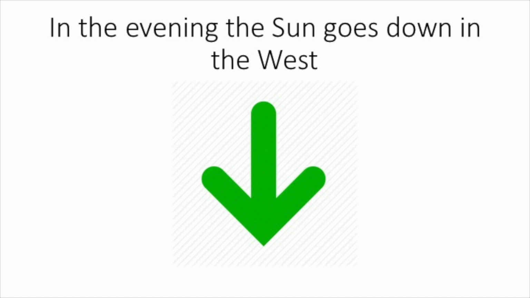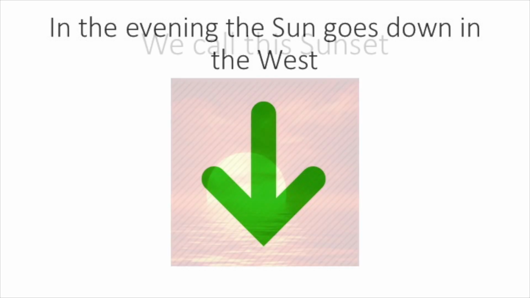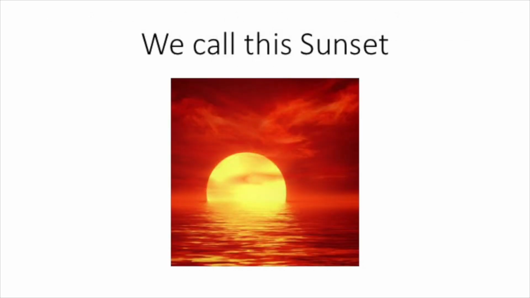Yes, sunrise in the east, and then after it's done its rotation, it goes down in the west. Does anybody know what we call it when the sun goes down? Sunrise comes up, and then going down, sunset. Excellent.